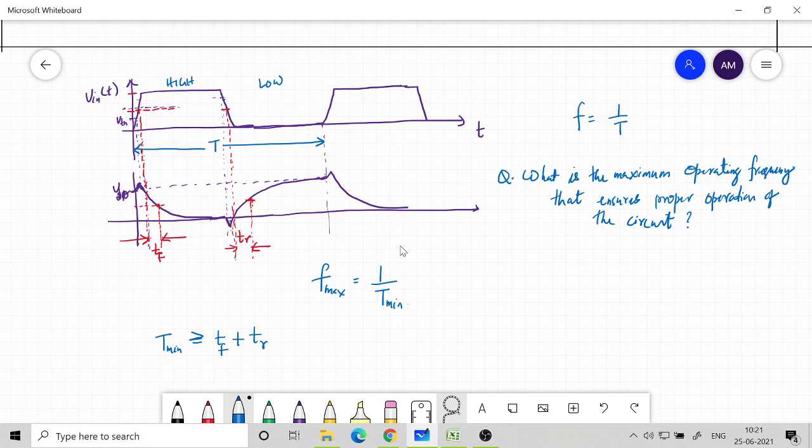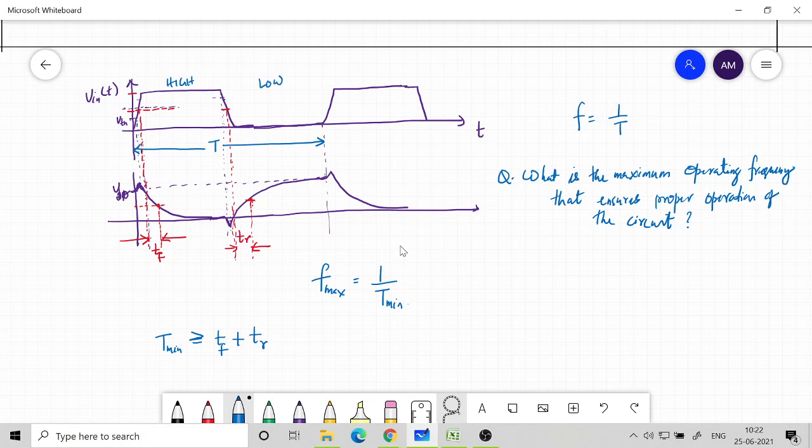So the input also takes some finite amount of time, and as a result there was some period of time the input was rising and then output was rising, and only then it was falling down. That is not actually in the calculation for TF and TR, so that time period is not exactly taken into account.